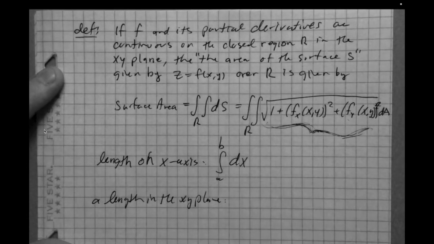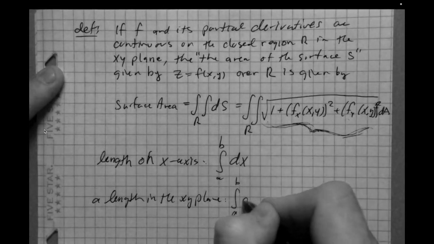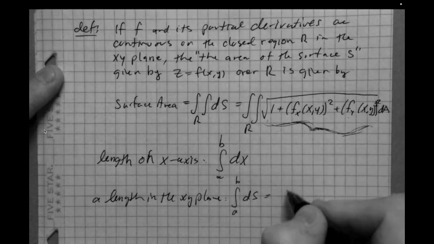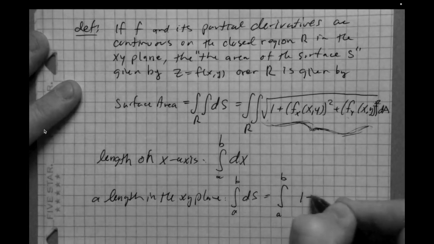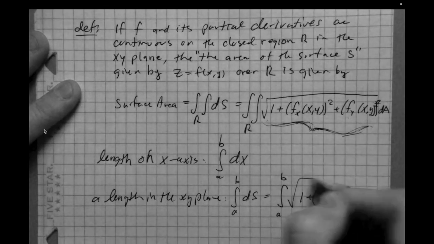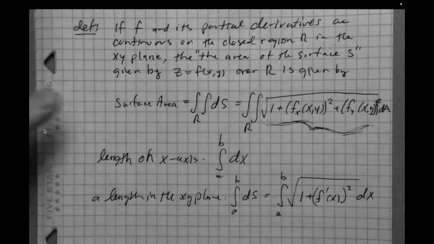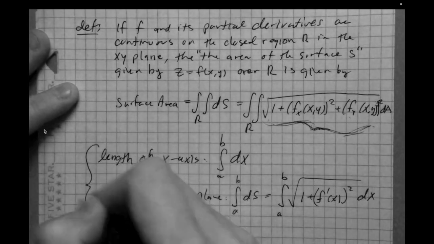To calculate a length in the xy plane, we would have said the integral from a to b of ds, which is the same thing as the integral from a to b of the square root of 1 plus f prime of x, remember, we squared the derivative, took the square root, dx. Okay, and so this is what we did back in Calc 2.